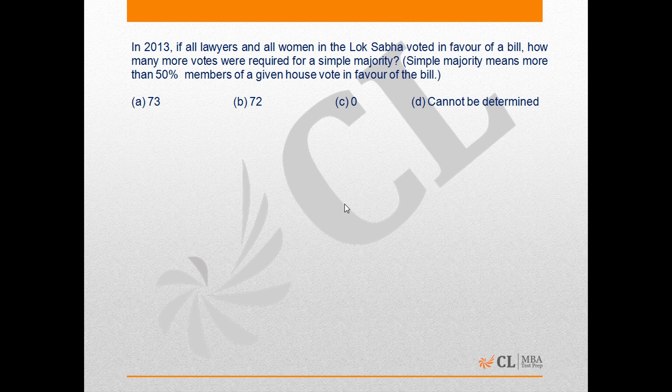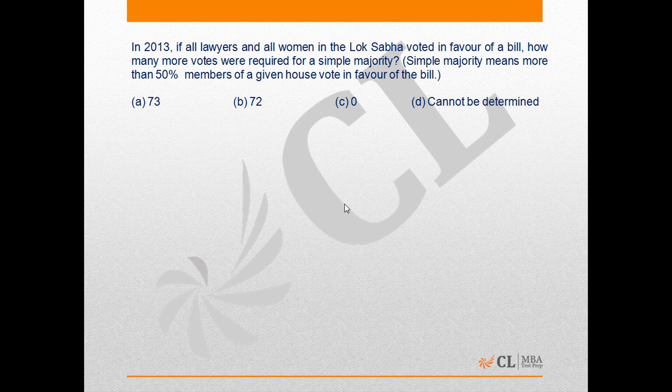Now let's move to the question. In the first question, it is given that if all lawyers and all women in the Lok Sabha voted in favor of a bill, how many more votes were required for a simple majority? Simple majority means more than 50% of a given house vote in favor of a bill. Here it must be noted that lawyers and women can be common.